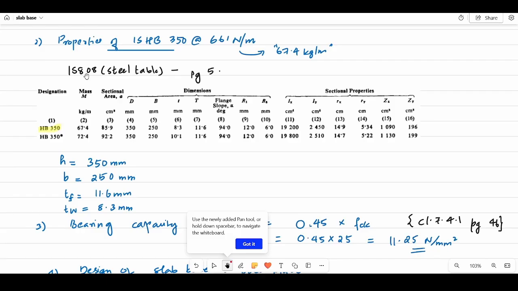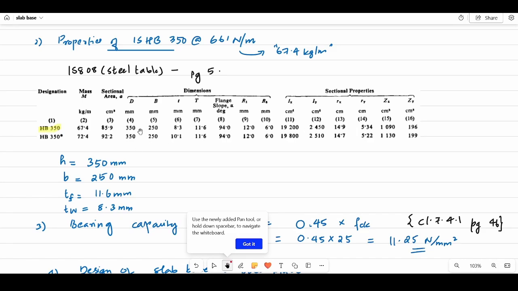When we go to IS 808, in the older version of the steel table, it is given on page number 5. Otherwise you have to go to heavy weight I sections, where you will get these values. There will be this designation, the mass 67.4, and the sectional area which is 85.9 in centimeter square. The remaining values are mostly given in mm.